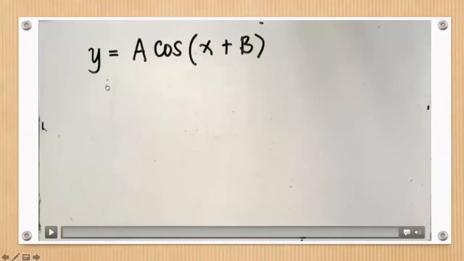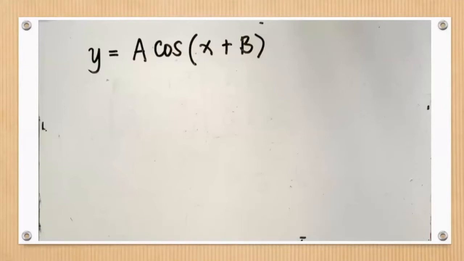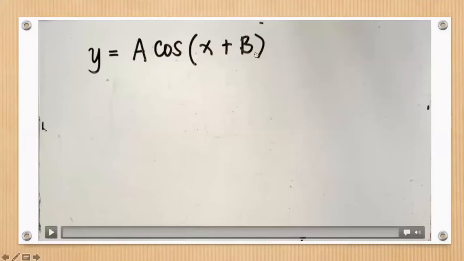Okay, so the first one here is obtain the differential equation of this given solution y equals a times cosine of x plus b. Take notice of the arbitrary constants here. So you have a and b. It means that for me to be able to arrive at its differential equation, I must differentiate this twice.